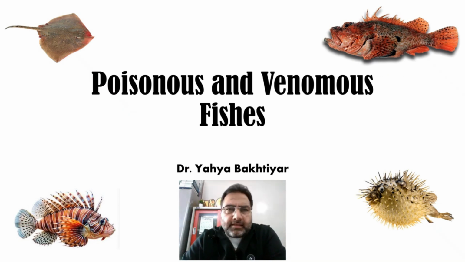When we say poisonous, a creature is deemed to be poisonous if it contains toxins in specific tissues or organs harmful to be ingested. So, any creature which is having toxins in specific tissues or organs which are harmful when we ingest them.